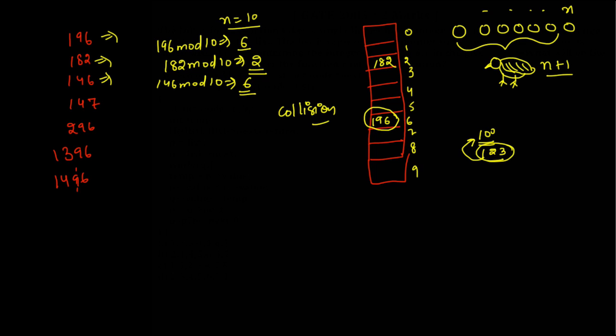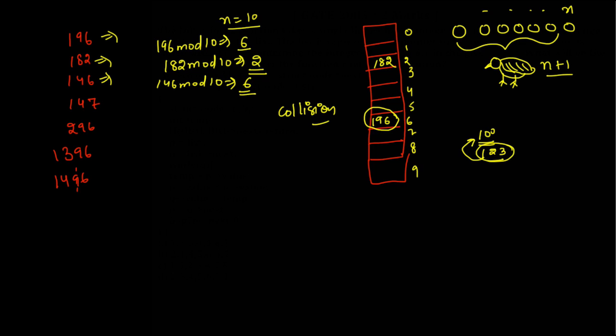Whenever more than one value is mapped at a particular index location, it creates a condition of collision. This collision is very dangerous because of it we are going to lose some data, and we do not want to lose any data under any condition, because data is very important.